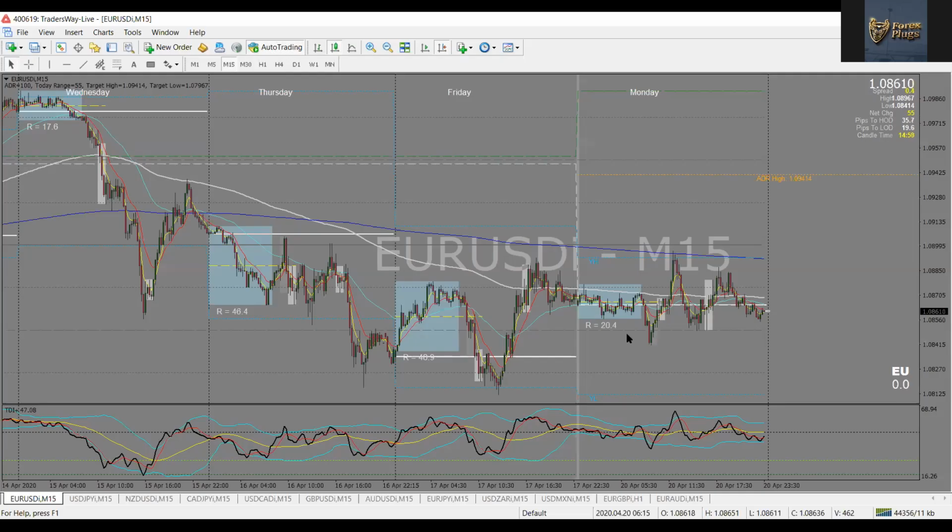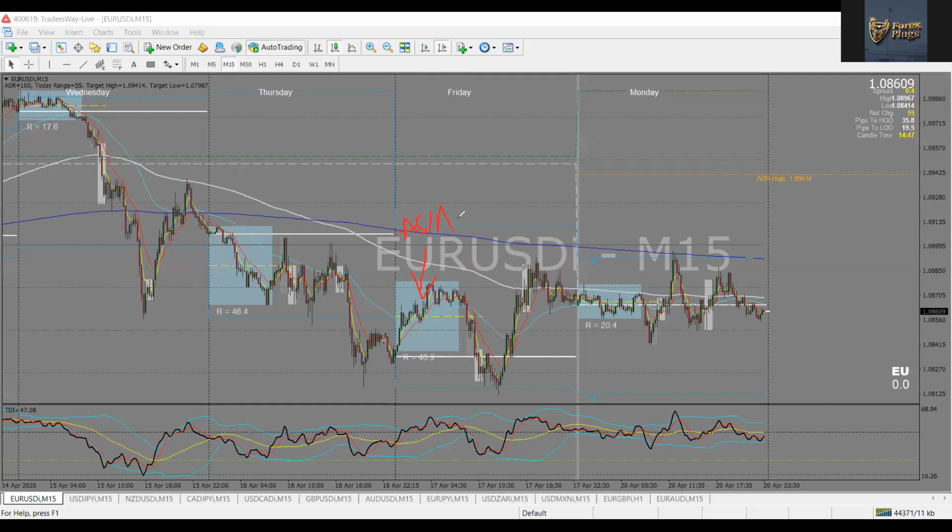As you all know, we have the Asian session, which is the first session of the day, the London session, and the New York session. From our Beat the Market Maker template, we use it to give us some sessions. This blue session, the one covered in the blue box, we call the Asian session.